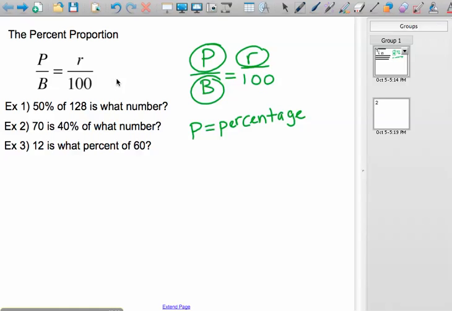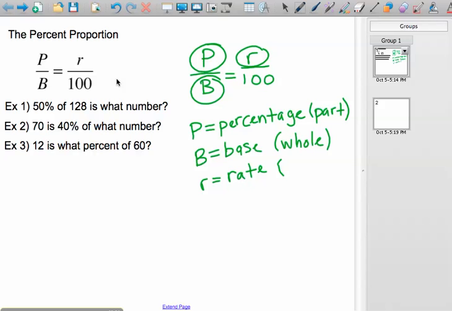I mean the part. Sometimes it is referred to as the part. The B represents the base. An easy way to remember the base is the whole. Now, the R represents the rate, which in this case is the percent.